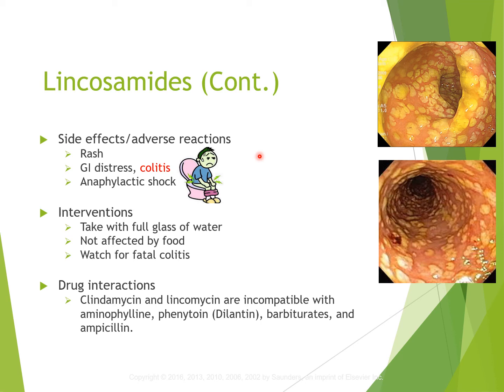What's the problem with clindamycin is that it does a great job killing our infection. However, it does a great job killing that good bacteria that's in our colon. And when we have the good bacteria being suppressed, the bad bacteria, there's that nice little homeostasis going on inside there. That bad bacteria will actually overgrow, and normally that bacteria is known as C. diff or Clostridium difficile.